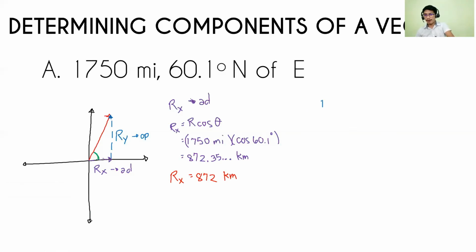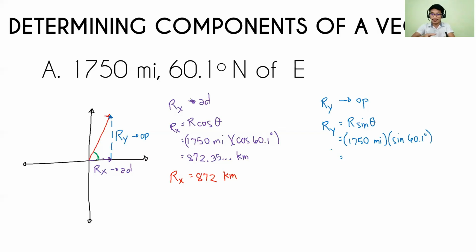Since our Ry is the opposite side, that means we are going to use the formula Ry is equal to R sine theta. Kasi opposite siya. Sine man kapag ka-opposite. So that means 1,750 miles times sine 60.1 degrees. And that will give us what?